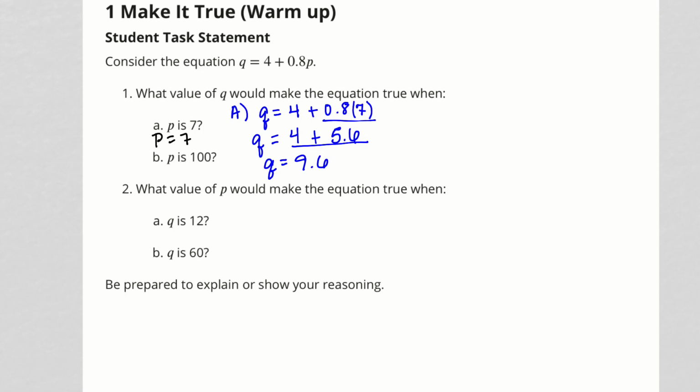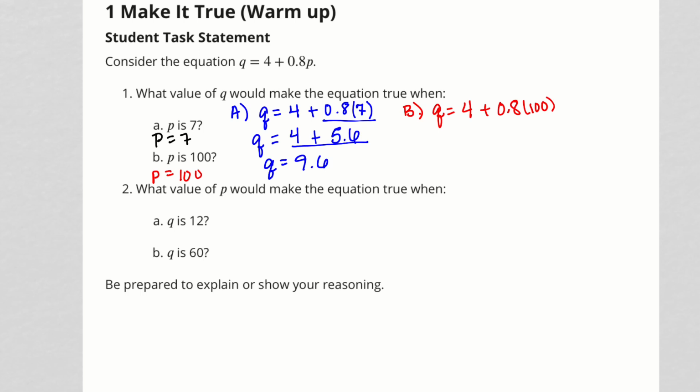For B, we have P equals 100. So now we're going to do the same thing and plug it into the equation. We have Q equals 4 plus 0.8 times 100.